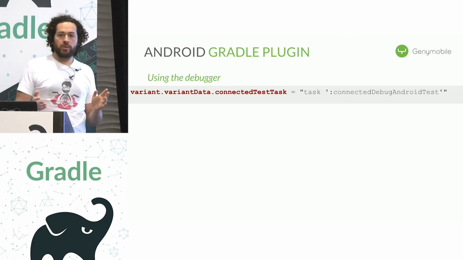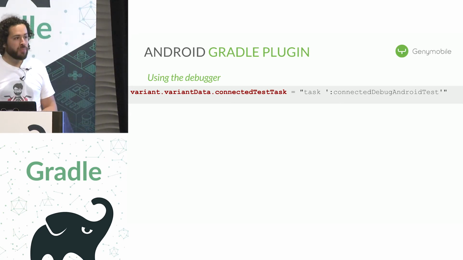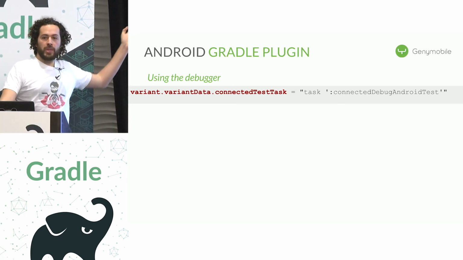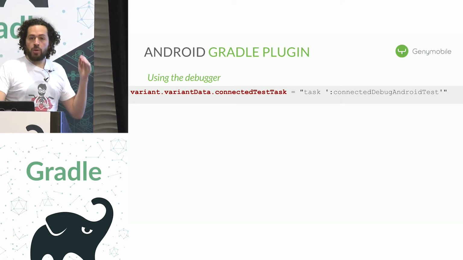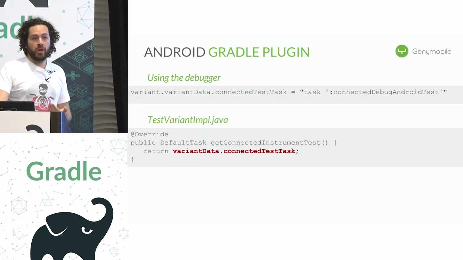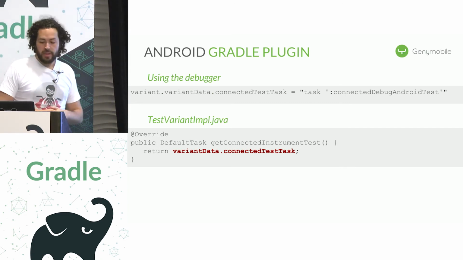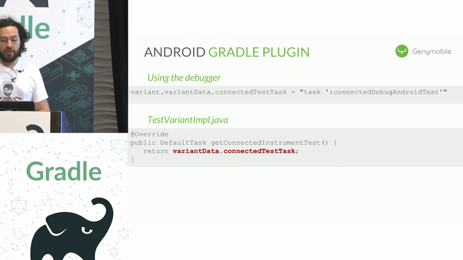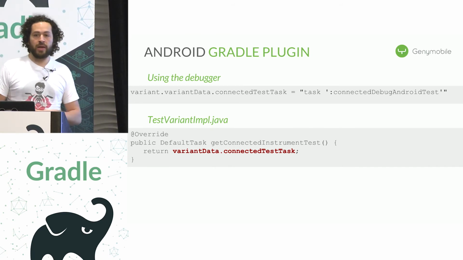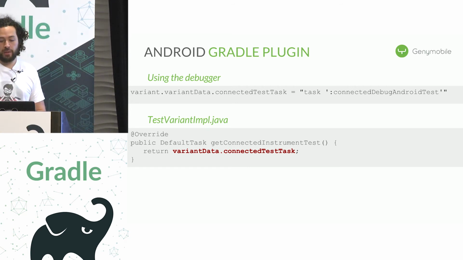That was pretty interesting because that really looked like what I was looking for, right? So this was the first step. And I went a little bit further with the source code. In the source code, what I saw is that in the TestVariant class, you have a method that is returning variantData.connectedTestTask. And this method is called getConnectedInstrumentTest.